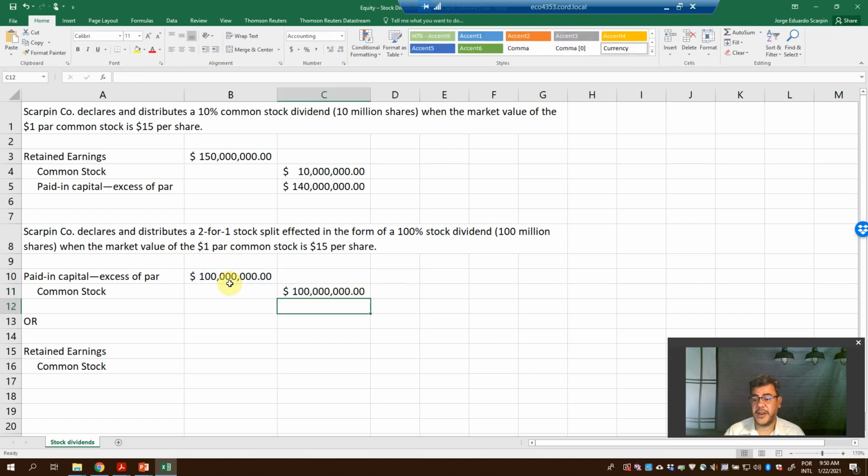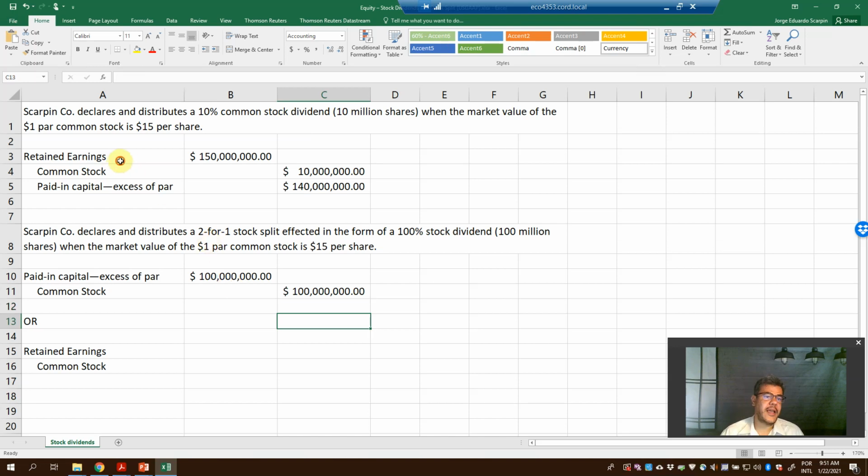And why par value instead of market value? If we register here for the market value, we will not be able to balance this journal entry here. Or our paid in capital would get a negative balance, or it would be kind of weird stuff here.